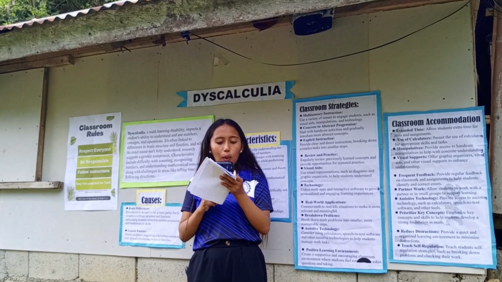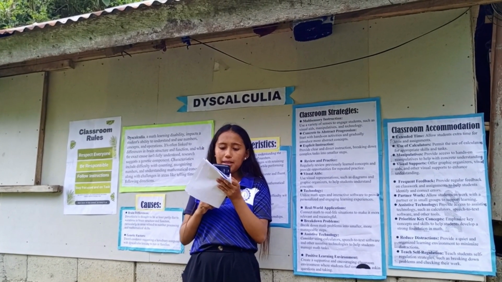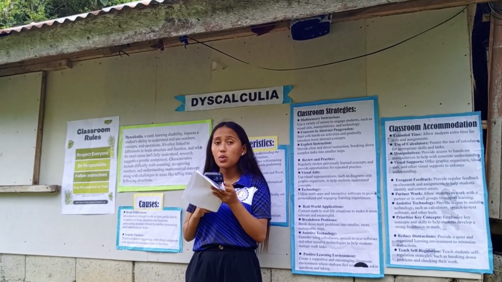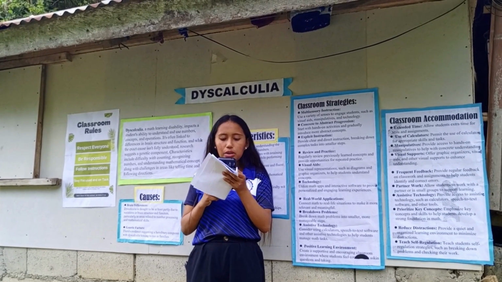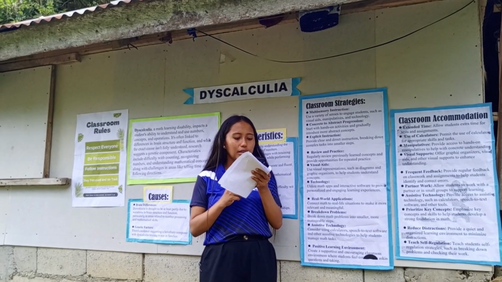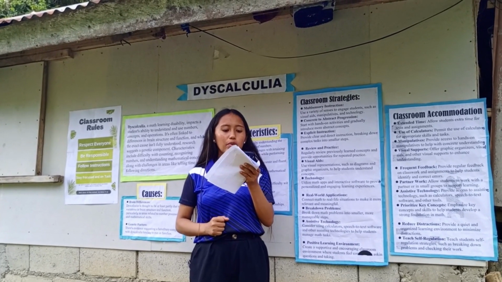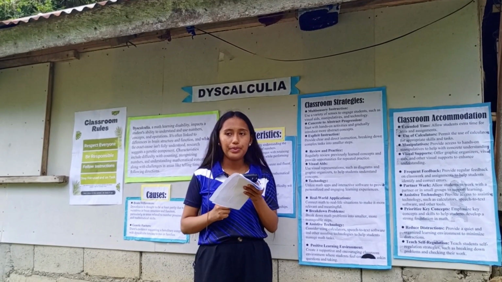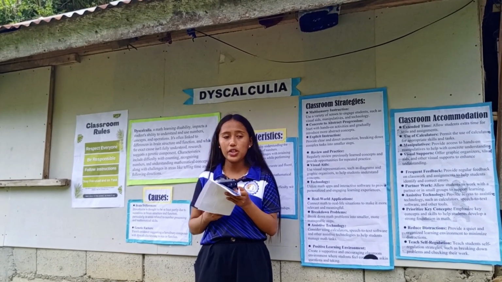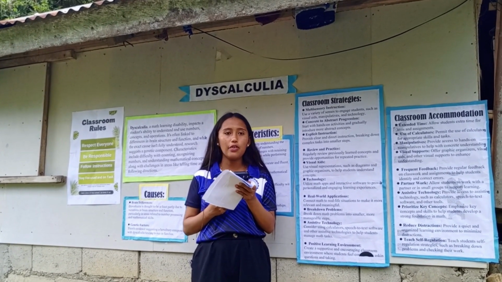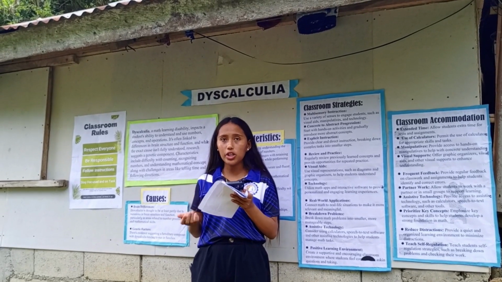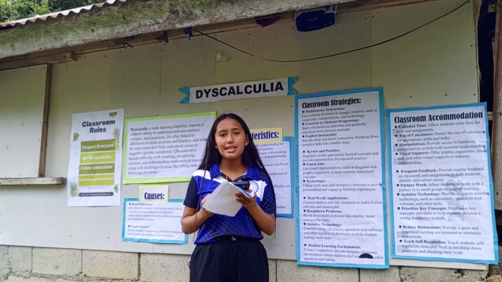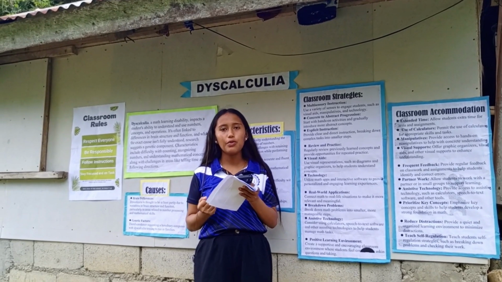Second question, what challenges might someone face if they struggle to work with numbers? And the last question, but not the least, is how do learning disabilities affect different subjects, like reading or math? Okay, did you already get the questions? Any questions or clarification regarding the questions that I read? Okay, so answer it now, class, and after, pass it in front.